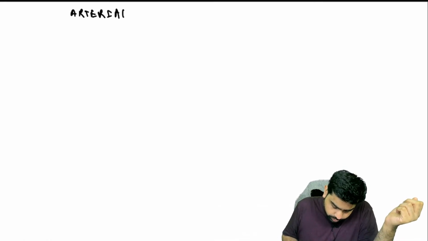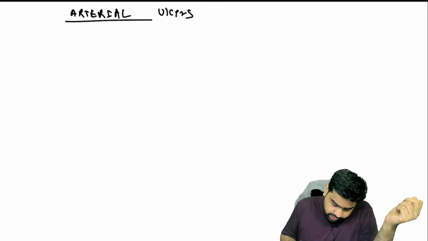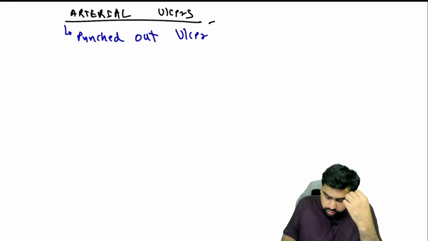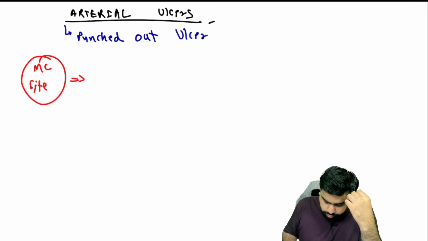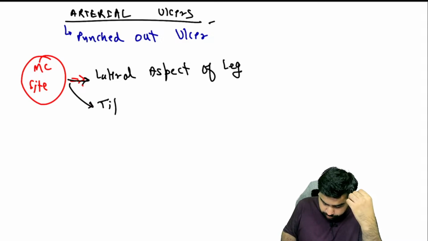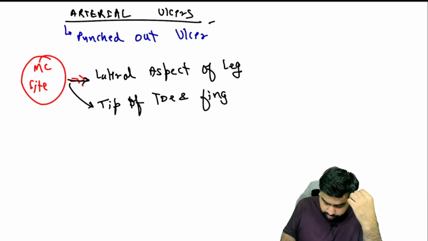These arterial ulcers are basically punched out ulcers. If I ask you the most common site of these arterial ulcers, it is the lateral aspect of the leg, or the tip of the toes and fingers.